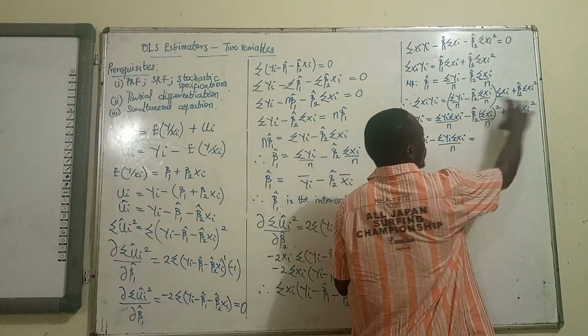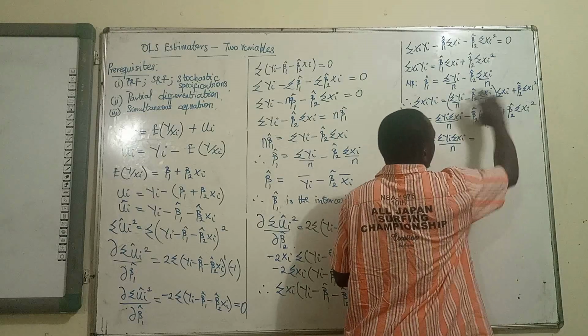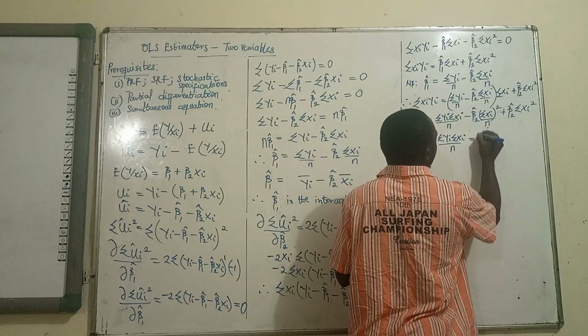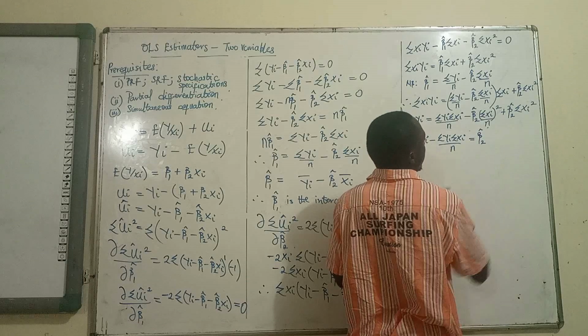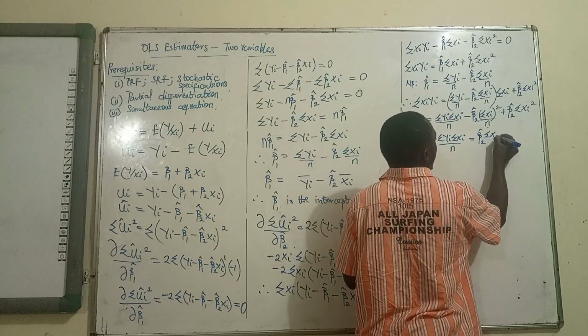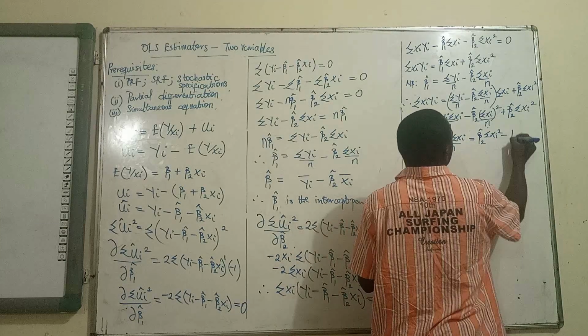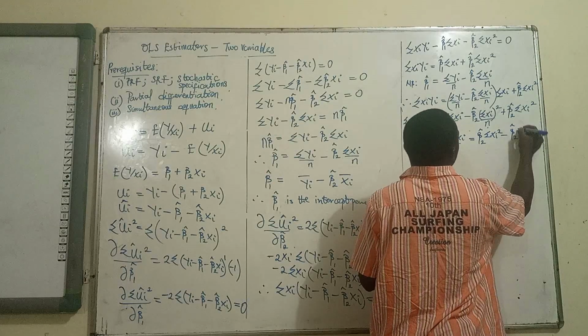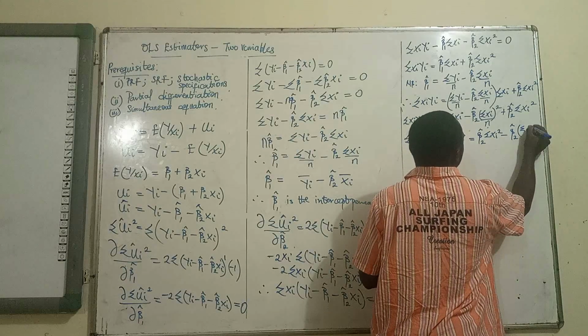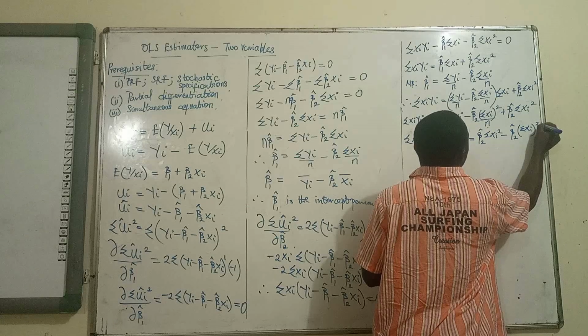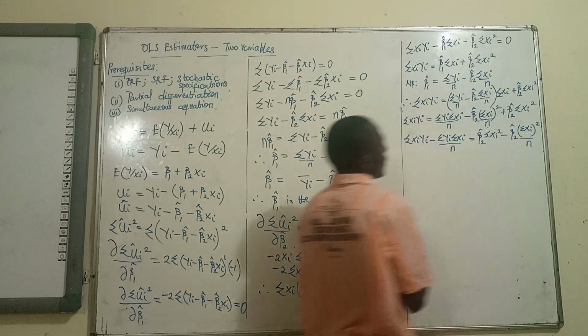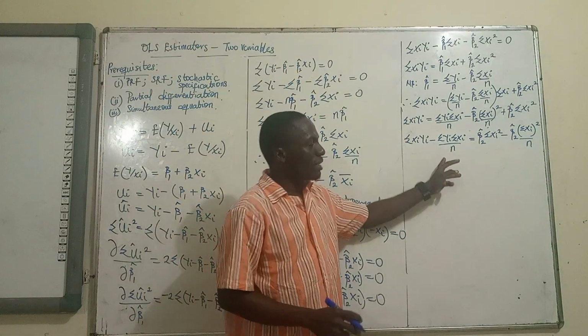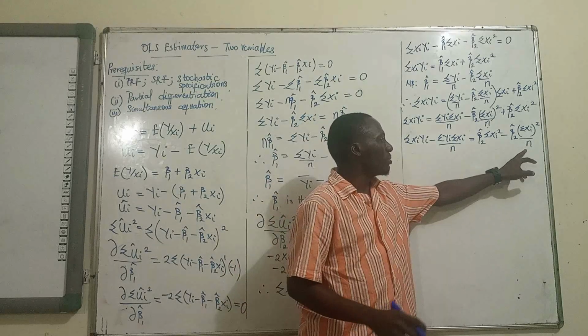So we can do a little bit of arrangement here. We'll bring this forward and we bring this to the back. Beta 2 cap summation xi squared minus beta 2 cap summation xi all squared divided by n. So we have n as the denominator here, n as the denominator here.